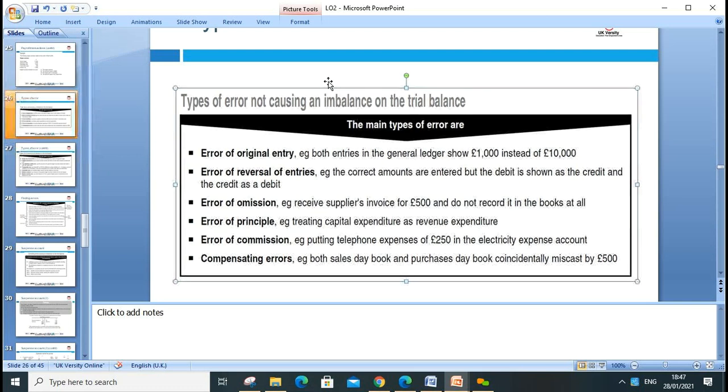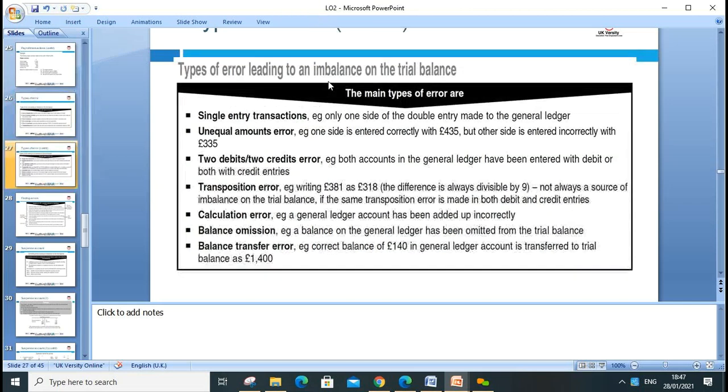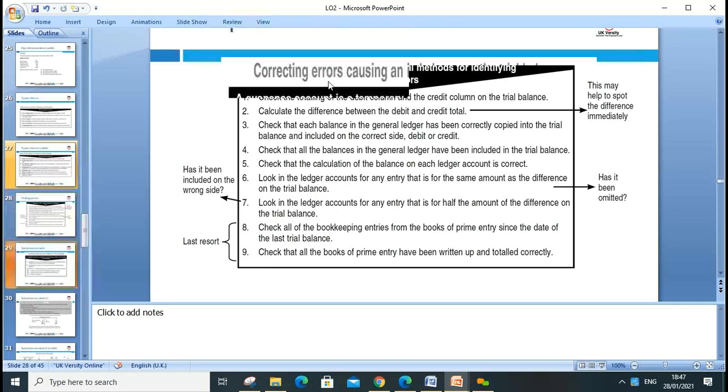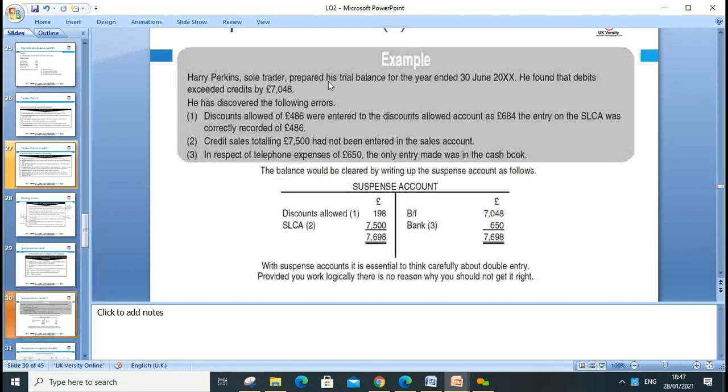So we discussed errors. Some errors we can trace within the trial balance, and some we can't. If it's one-sided we can, if it's two-sided we can't. Suspense account is a temporary account. We can prepare it and we can make adjustments in the books of accounts.